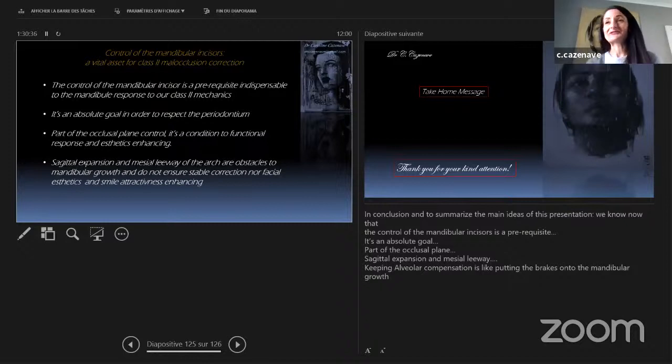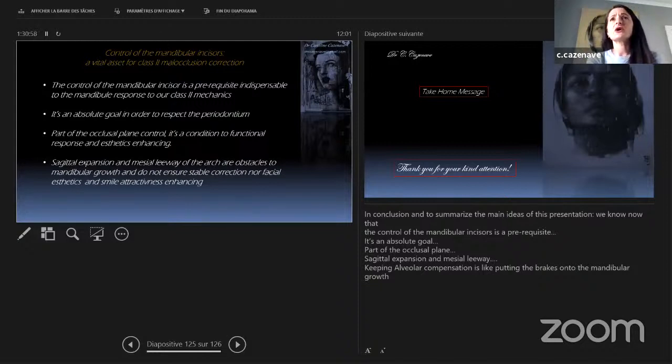So, in conclusion now, and to summarize the main ideas of this presentation, we know now that the control of the mandibular incisor is an indispensable prerequisite to the mandible response to our class 2 mechanics.